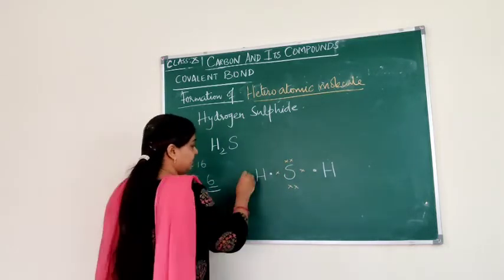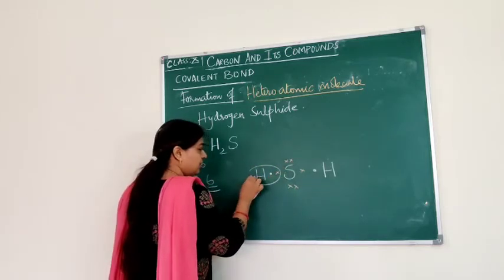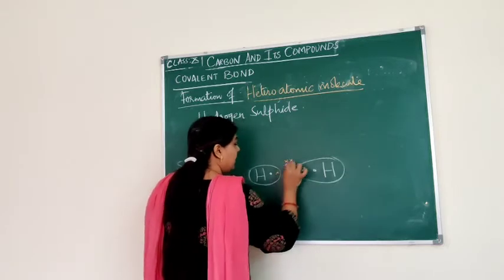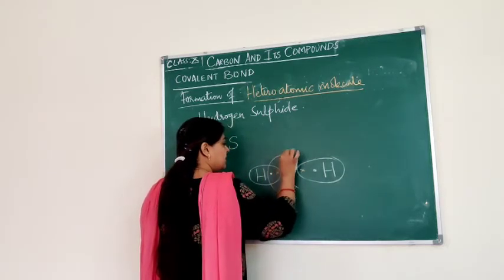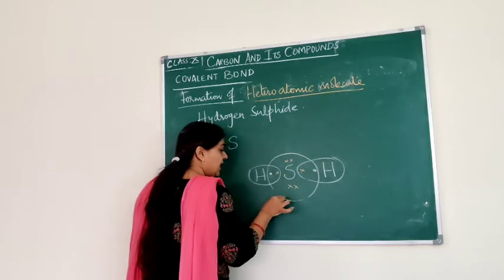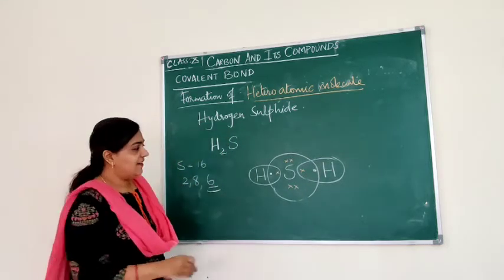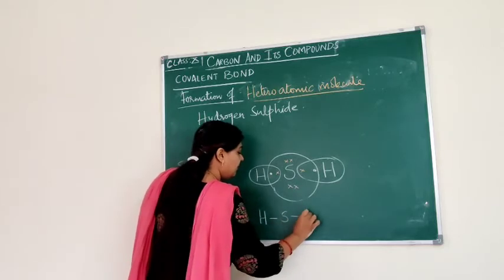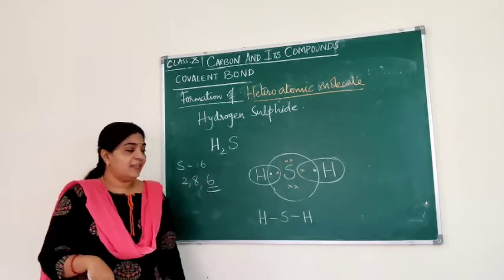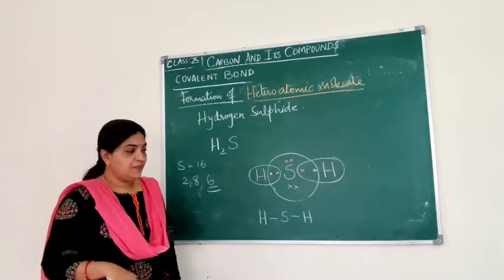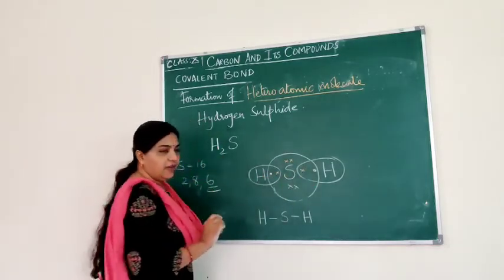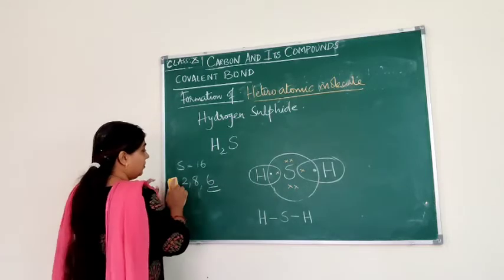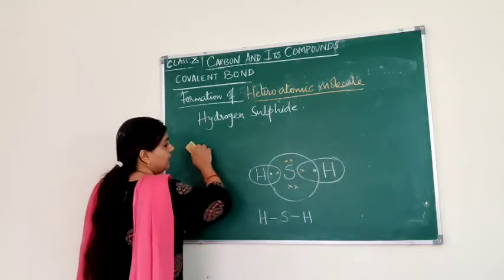Now hydrogen got its duplet configuration and becomes stable, and sulfur got 8 electrons. Only 1 electron they have shared. So this is the heteroatomic molecule hydrogen sulfide.